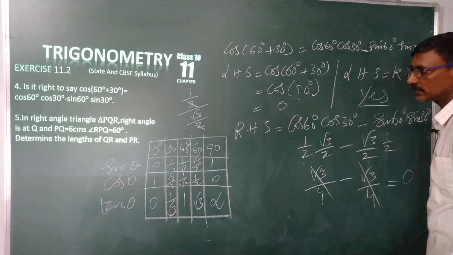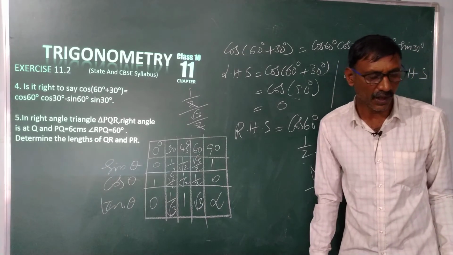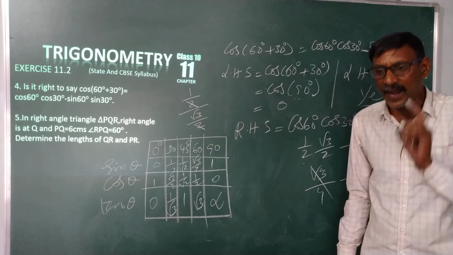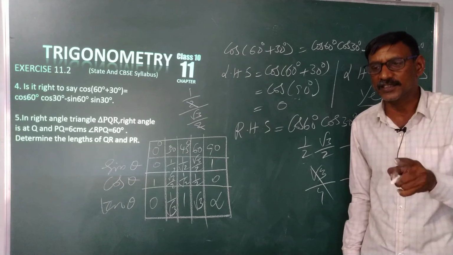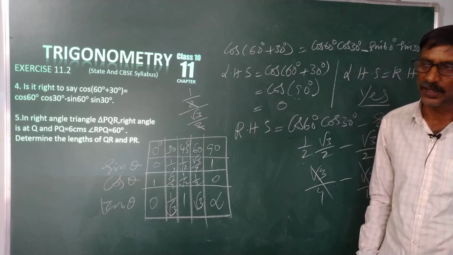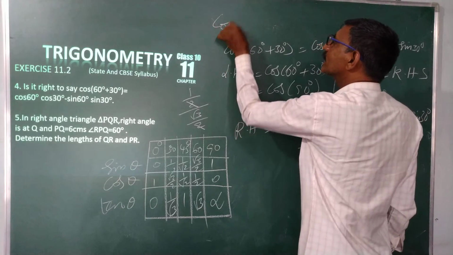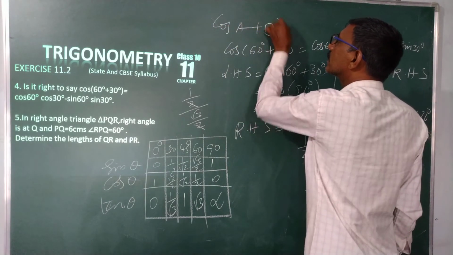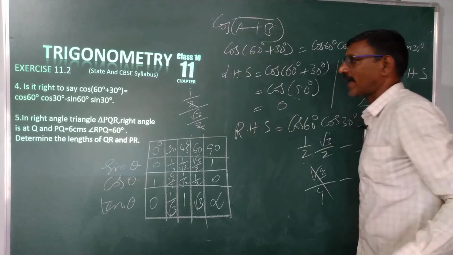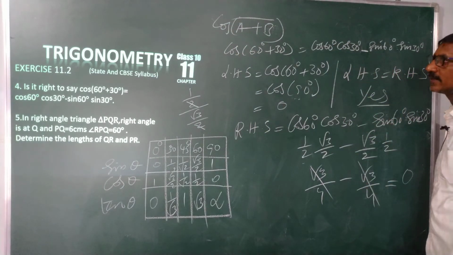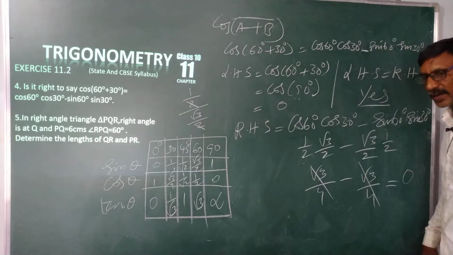Yes, it is right to say cos of 60 degrees plus 30 degrees is equal to cos 60 cos 30 minus sin 60 sin 30. By this procedure, we conclude that cos of A plus B, these two are compound angles. When two angles are added, we call it a compound angle.